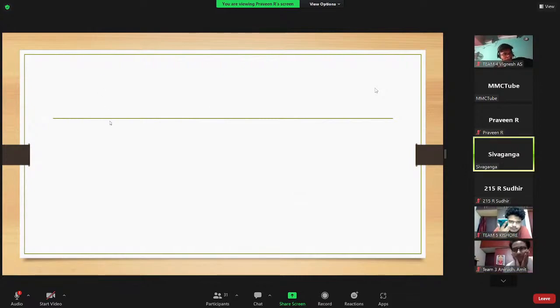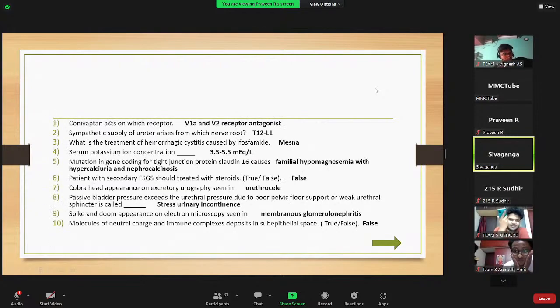Okay, move to the answer slides. Conivaptan acts on which receptor? It is a V1A and V2 receptor antagonist. So you said V2 alone, we are not giving mark for that. For sympathetic supply of ureter, it's T12 to L1. Third one, Mesna, you said right. Fourth one is also correct, 3.5 to 5.5.